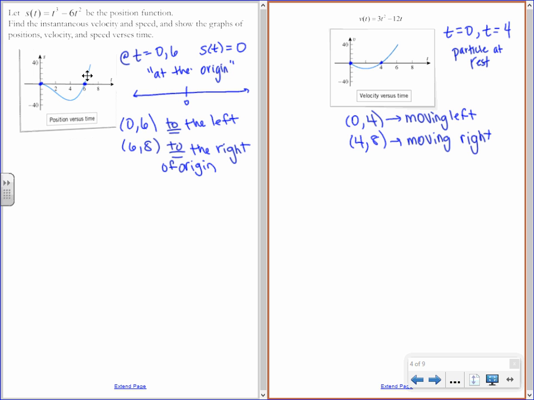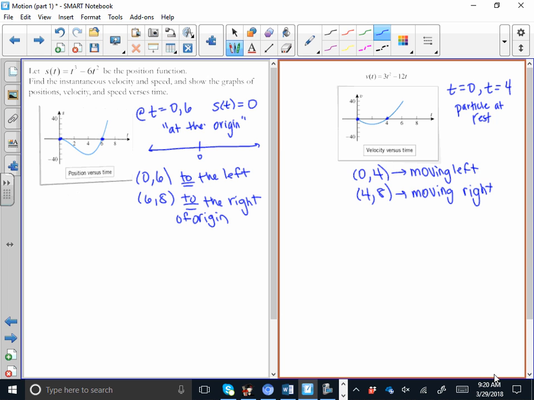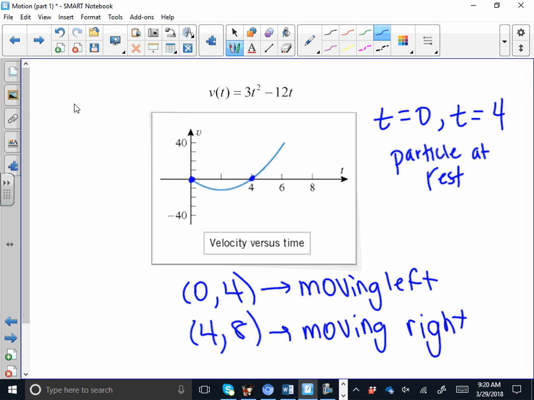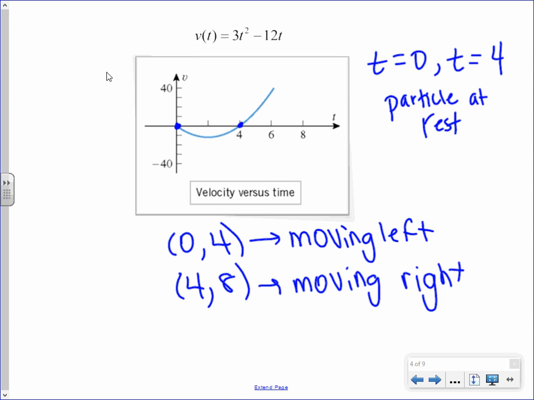Now, let me get rid of this double page here. Let's think about what happens with speed. You told me that we just need the absolute value of velocity for speed, right? What does an absolute value do?